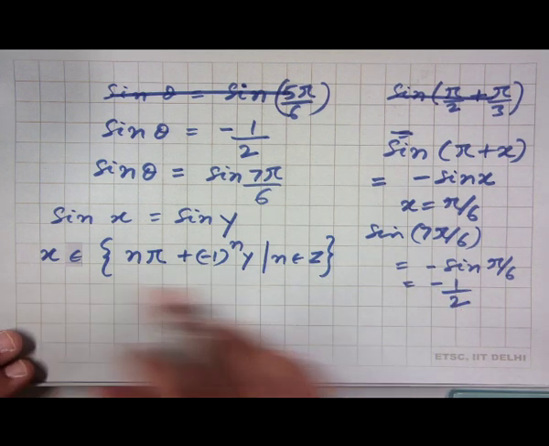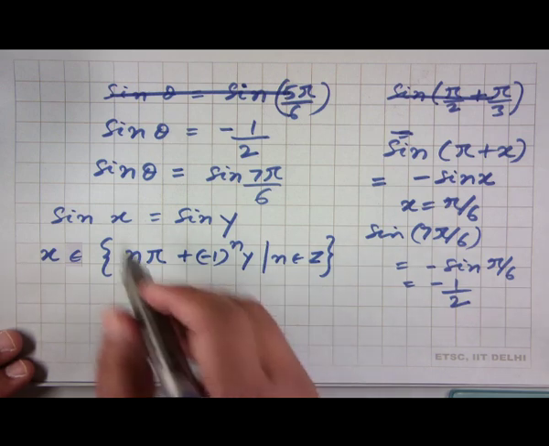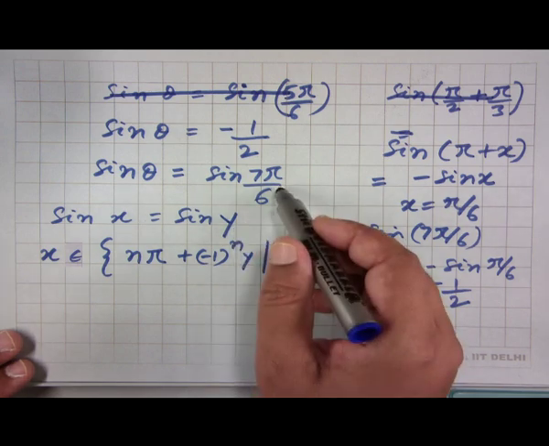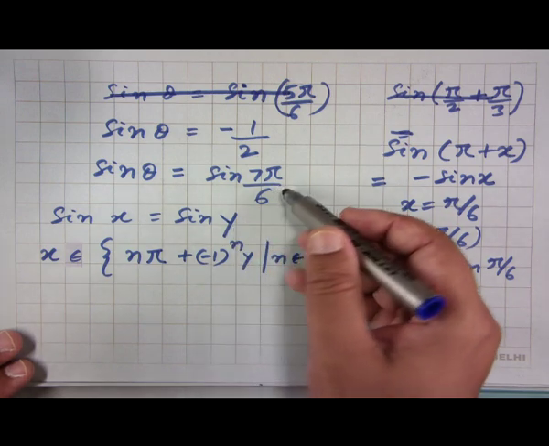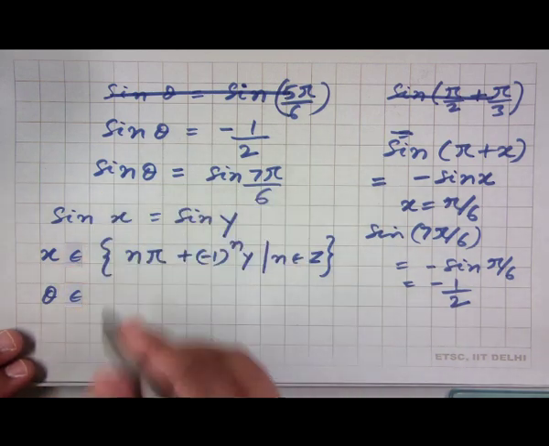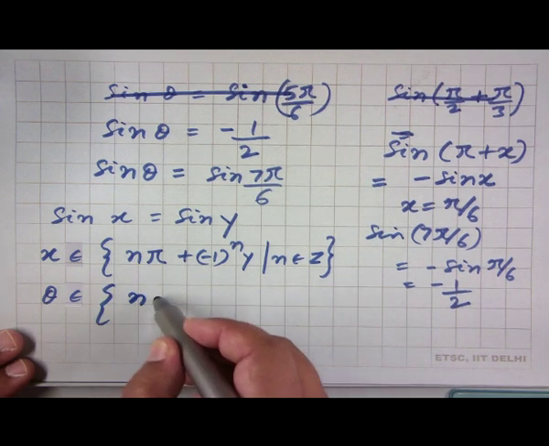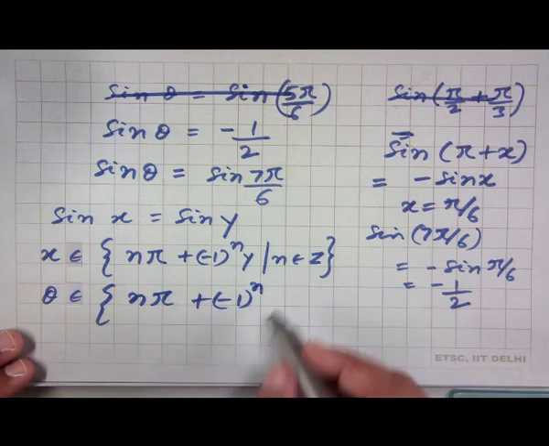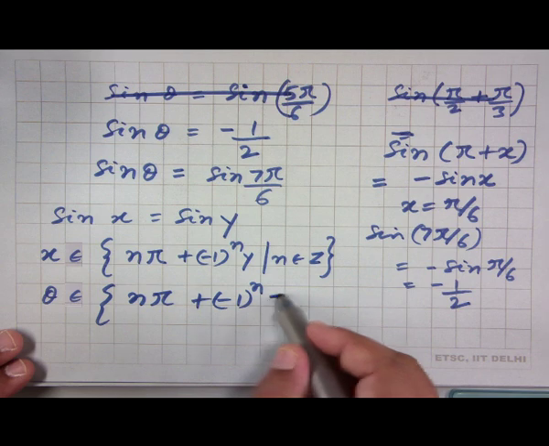Here x is theta and y is 7 pi by 6. Therefore, the final answer is that the general solution to this equation is theta equal to n pi plus minus 1 to the power of n times 7 pi by 6.